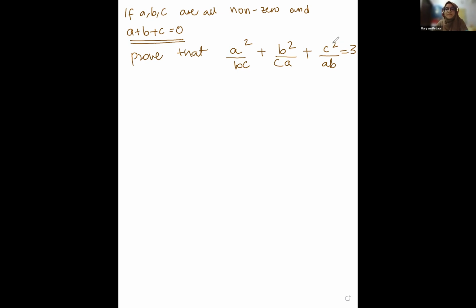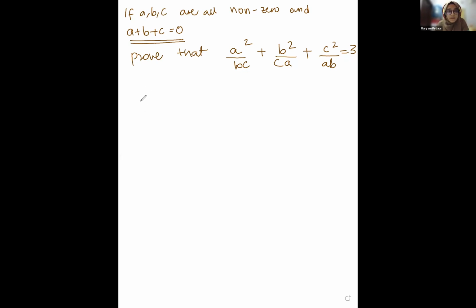Does anything come to mind when you see A square by BC? Anyone? Any ideas? Do you remember any identities? Okay.